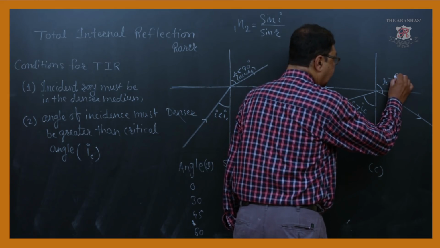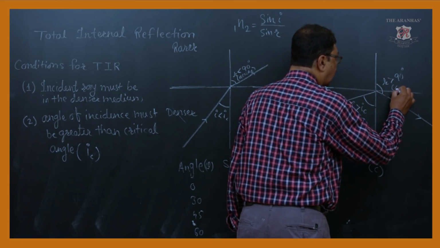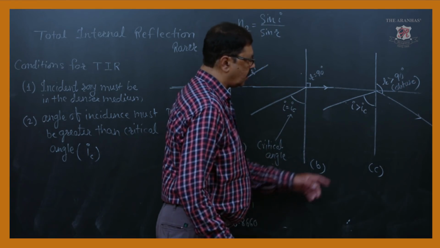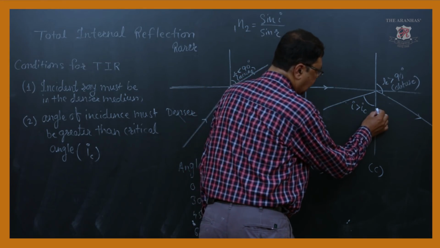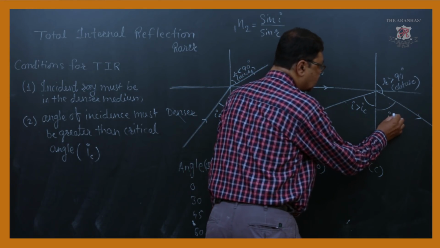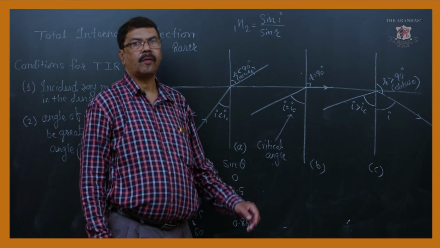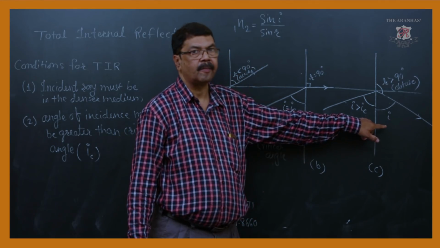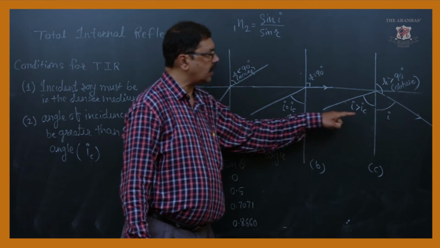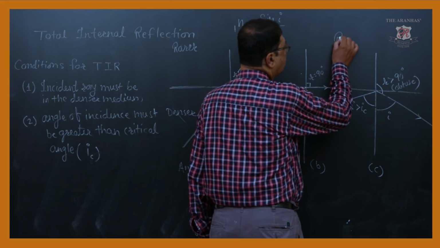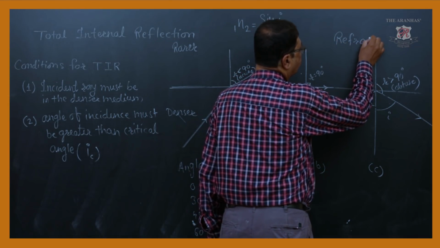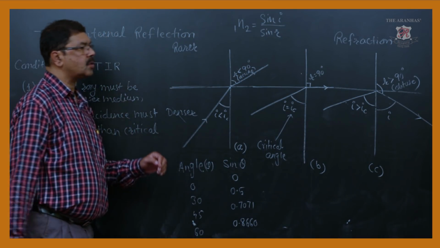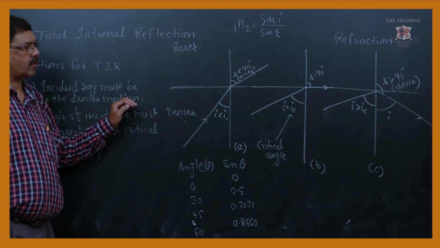Angle R greater than 90 degree or obtuse. Here, if I term this as angle as I, this angle is also I. What does law of reflection say? Angle of incidence equal to angle of reflection. Although this phenomenon is taking place because of refraction, the laws of reflection are followed. Therefore, it is called as total internal reflection.